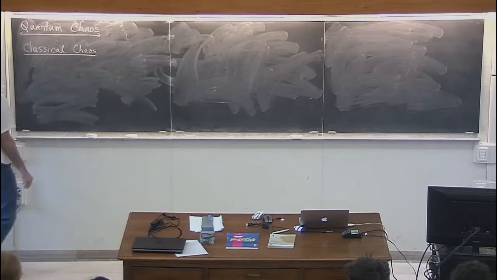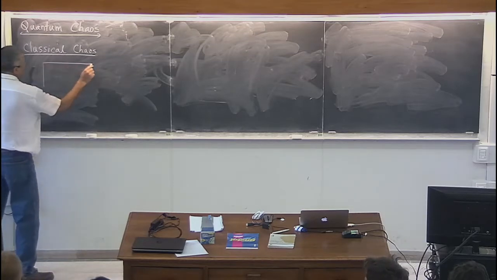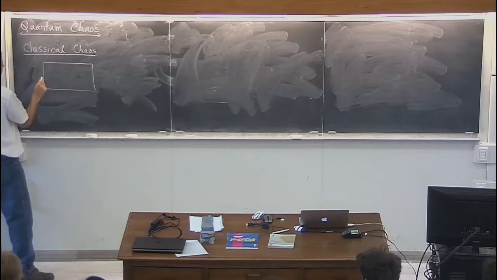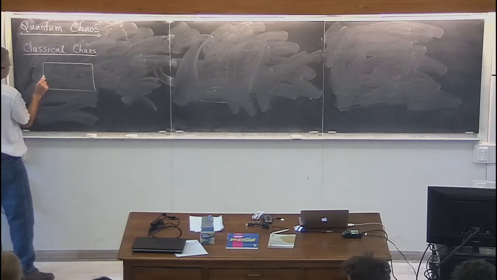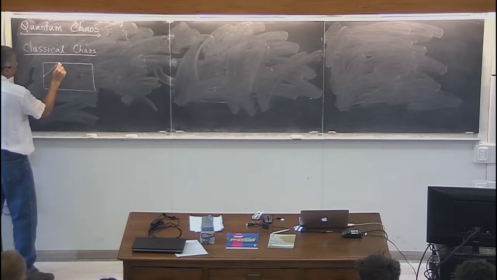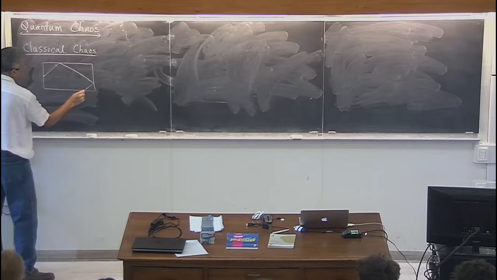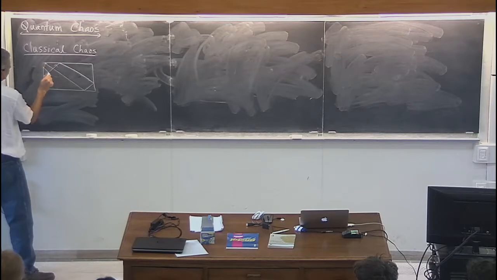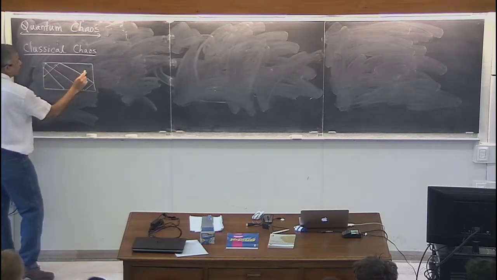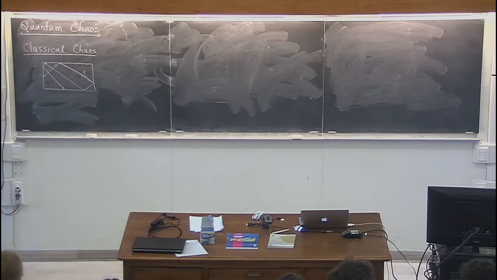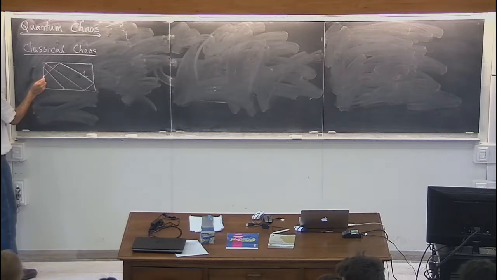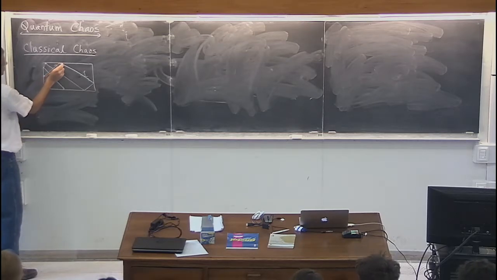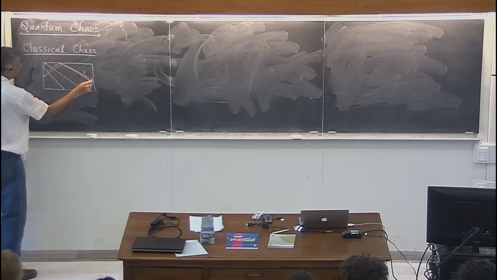Classical chaos means that, imagine you have a box like a rectangle, and you take a particle and give it some initial velocity. It will move and get reflected from the wall, move like that, get reflected again, just moving by Newton's law, and so on. Let's call this trajectory 1. Now if I take another particle, which I'll call 2, and start it very close to the initial point of the first particle, and observe its trajectory, there is only a slight difference in the initial condition.